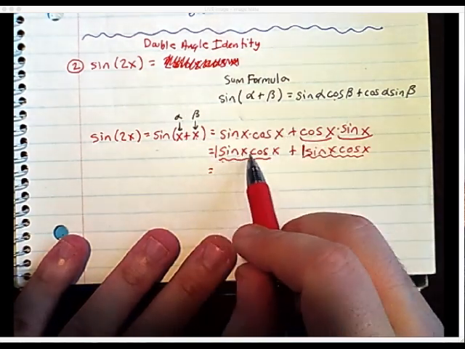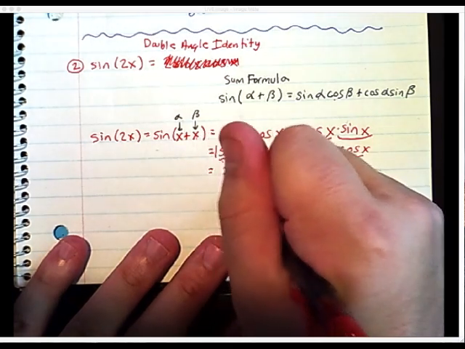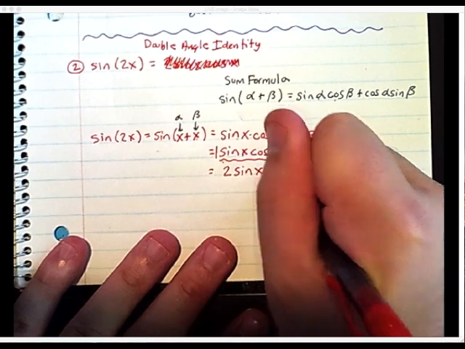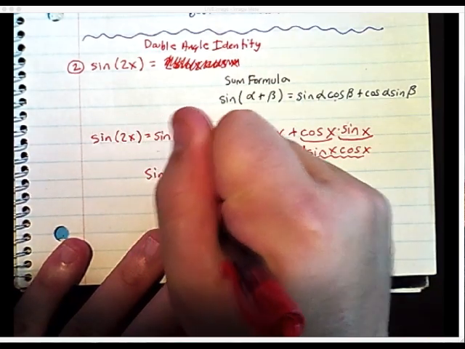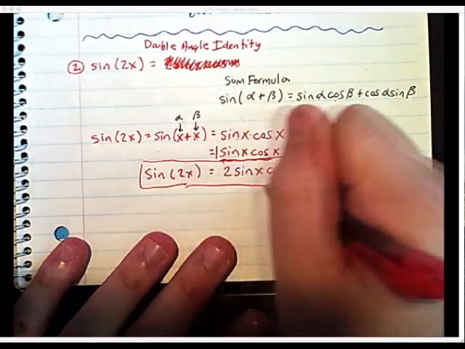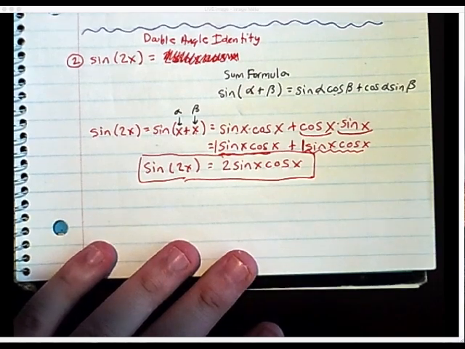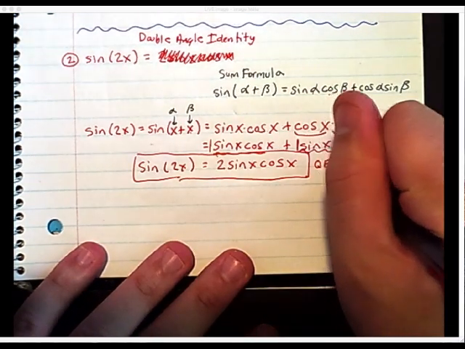So 1 sine x cosine x plus another 1 sine x cosine x gives you 2 sine x cosine x. And there is the number 2. Thus, it has been proven.